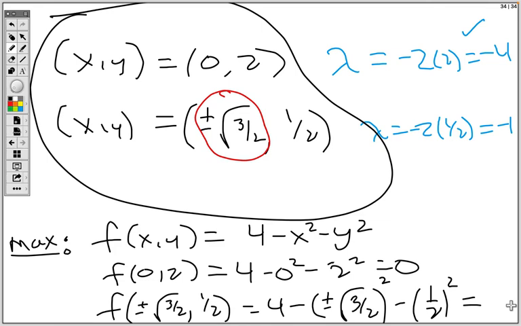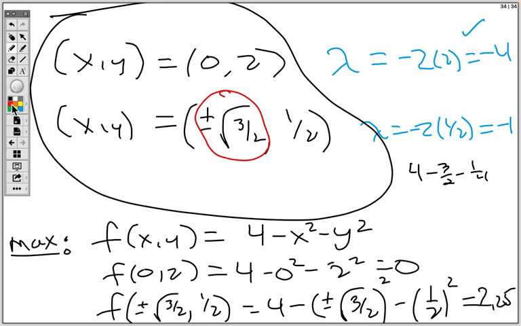You'll get 4 minus 3/2 minus 1/4. You could even turn that into decimals if you want. What do you end up getting for that? Two, yeah, 2 1/4. Yep.